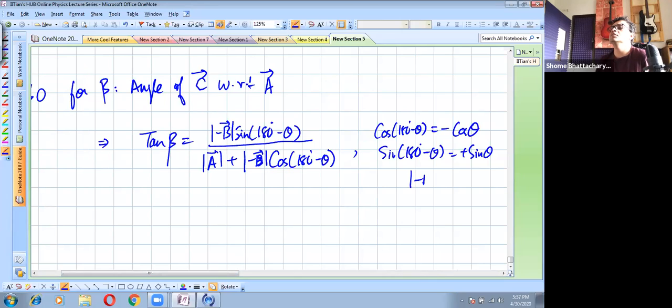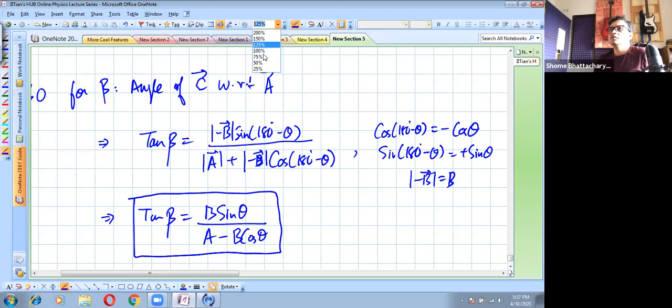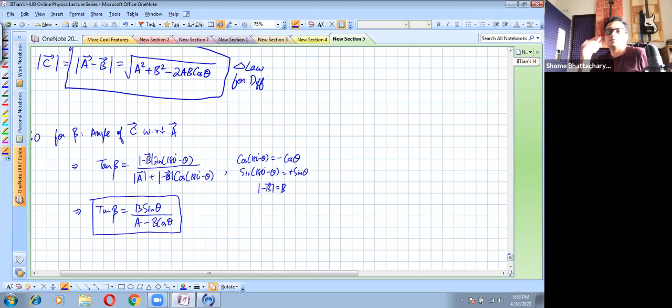And mod of minus B is B only. So using that, we get the formula that tan beta is B sine theta upon A minus B cos theta. So this is the angle formula. And the above is the magnitude formula for triangle law of a difference.